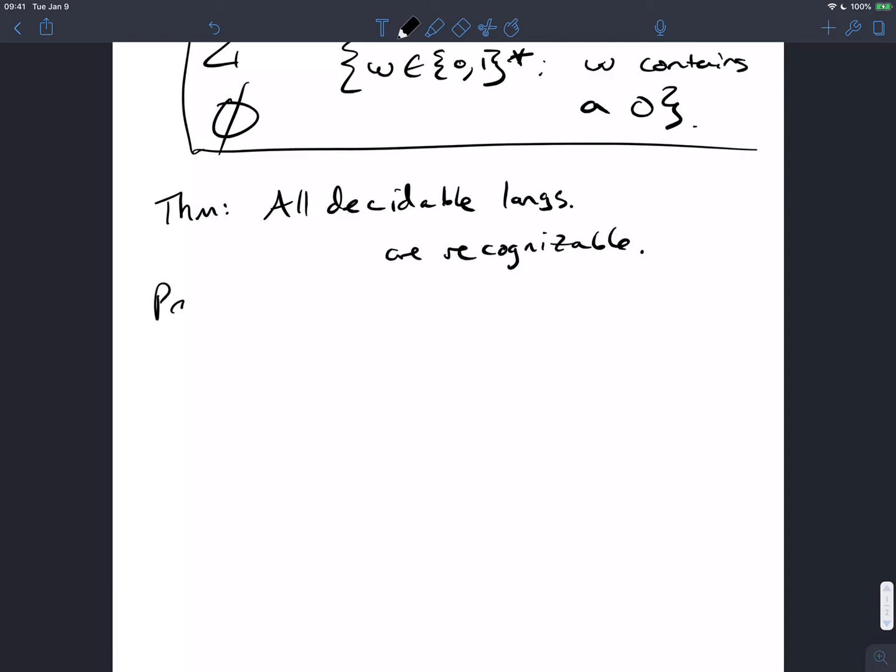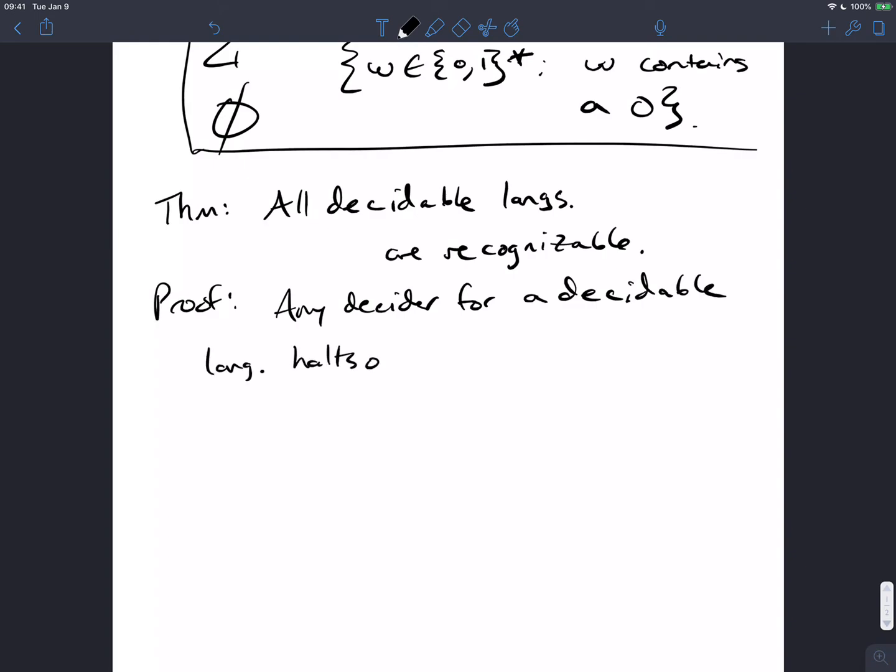So the really short proof of this is: any decider for a decidable language halts on all strings, and any recognizer for a recognizable language halts guaranteed on strings in the language.